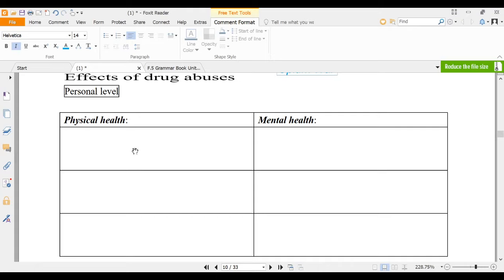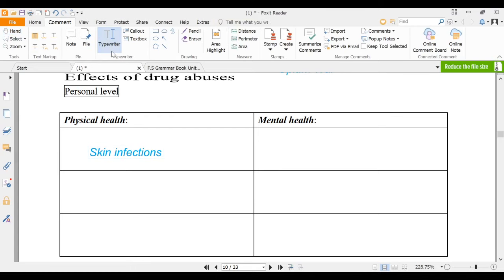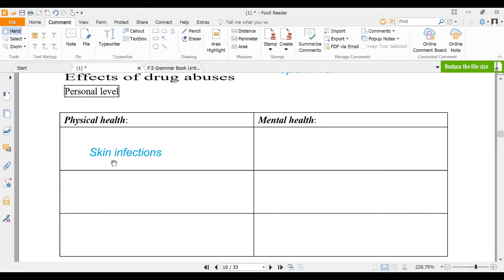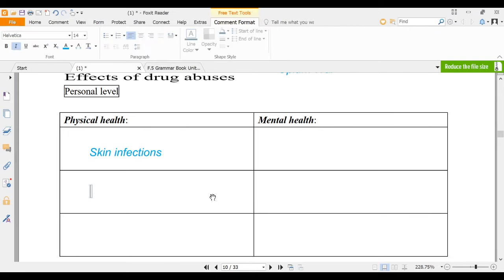Skin infections, high blood pressure, and also what else?